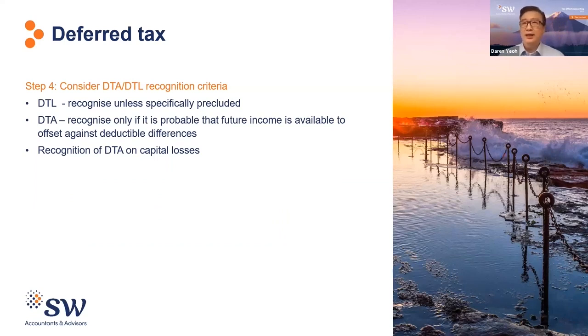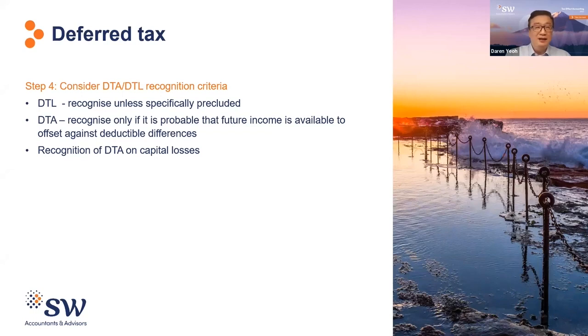Okay, so in deciding whether or not you need to recognize a DTL or can recognize a DTA, for a taxable temporary difference, a temporary difference that increases your tax in the future, you must recognize a DTL for them, unless a recognition exception applies.